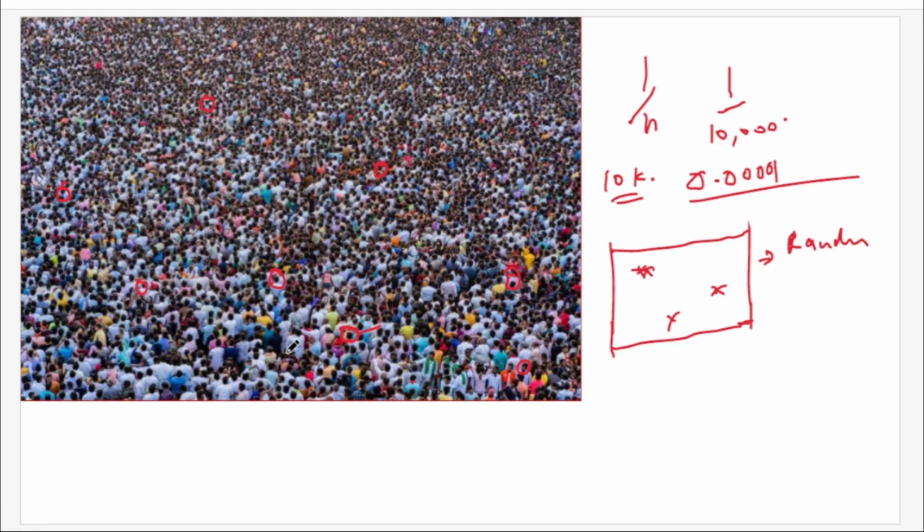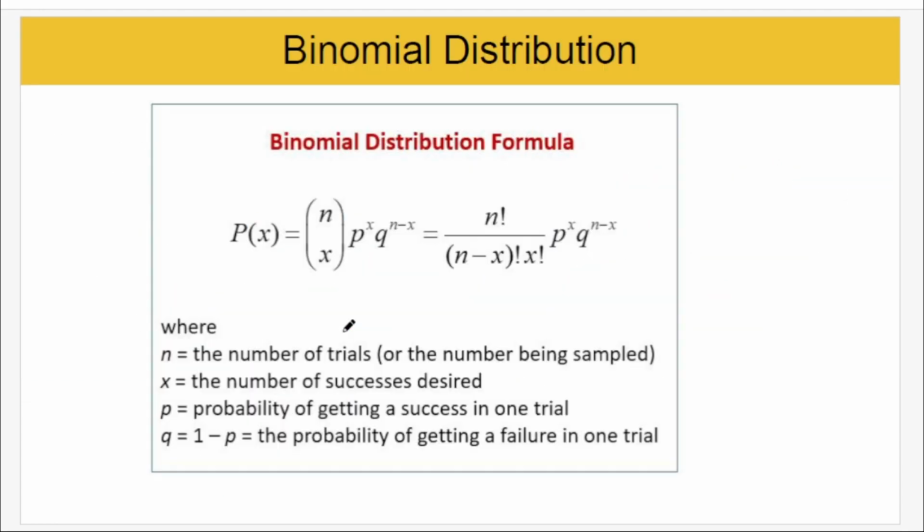We don't know exactly what the data is, but once we know the distribution of this population, we can easily calculate the probability of getting a particular outcome. That's why probability distributions are important.